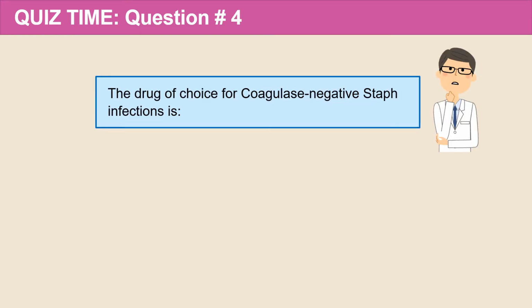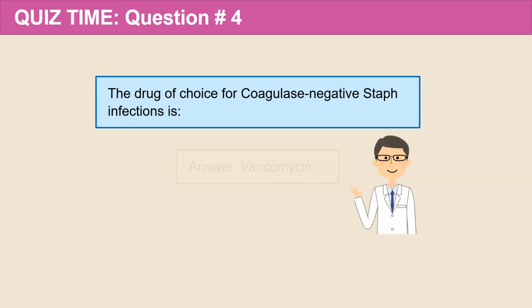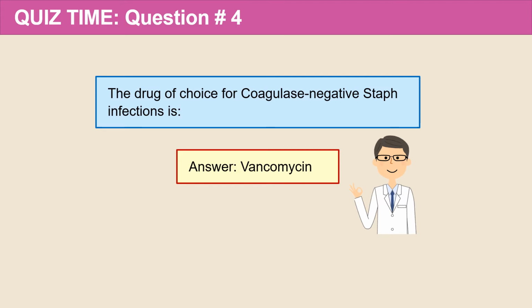Next question, number 4. The drug of choice for coagulase-negative staph infections is... the answer is vancomycin.